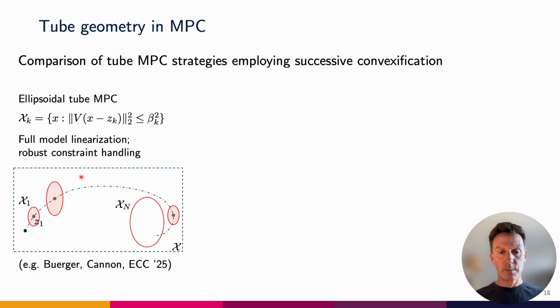Here I'm assuming that we linearize the system dynamics around a predicted nominal trajectory, and we use the resulting time-varying linear model to optimize an approximation to the original nonlinear program defining the control problem. I'm thinking in particular about the strategy which was presented at the ECC this year, where we incorporated bounds on linearization errors to ensure robust constraint handling.